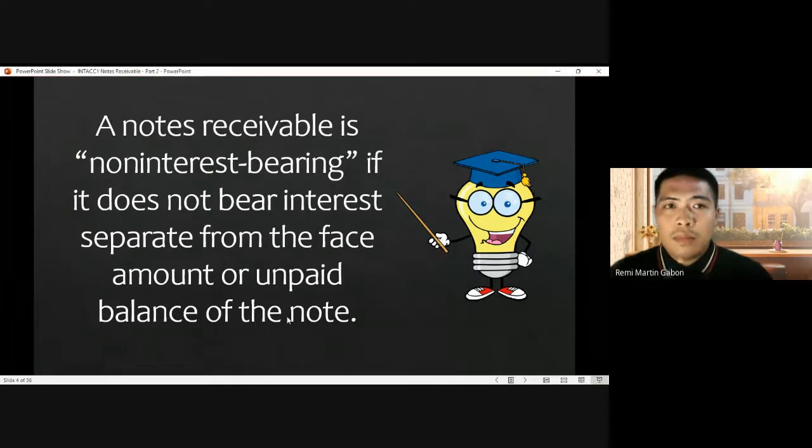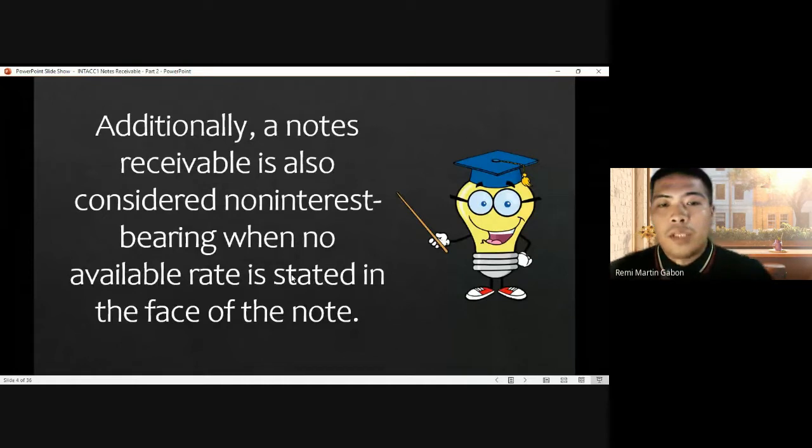Now, additionally, notes receivable are considered non-interest bearing when no stated interest rate is provided on the face of the promissory note. Just like what I have presented yesterday, the sample promissory note is considered interest bearing because of the presence of the stated rate, which is, if you can recall, 10%. Yung 10% na nandun na stated, we can say that the promissory note is interest bearing.